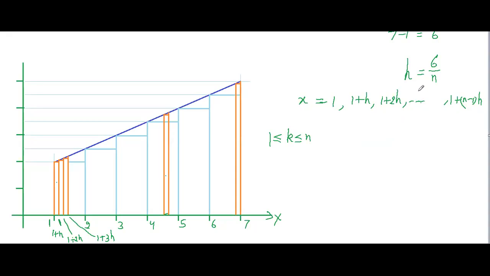So in between, any term is the kth term. So this is of the form this. I hope this is clear. So this point has the value 1 plus k minus 1 times h. I hope this point is clear to all.